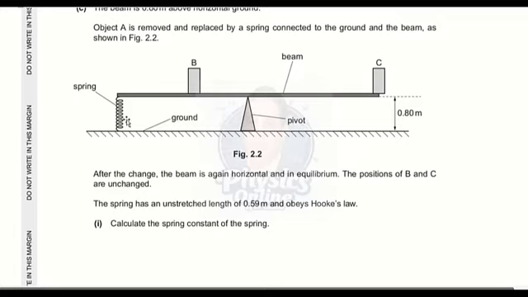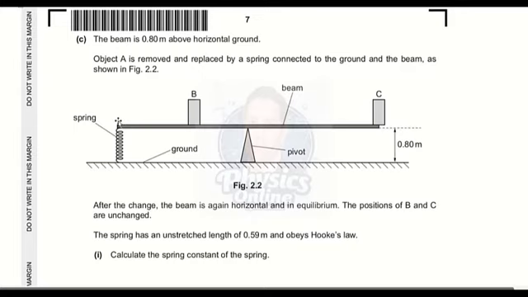As we removed object A, the moment which was anti-clockwise is gone, so of course there will be an extension in the spring. He gave us the new length of the spring, 0.8, to keep the equilibrium. The spring has an unstretched length of 0.59 and obeys Hooke's law. Calculate the spring constant of the spring.